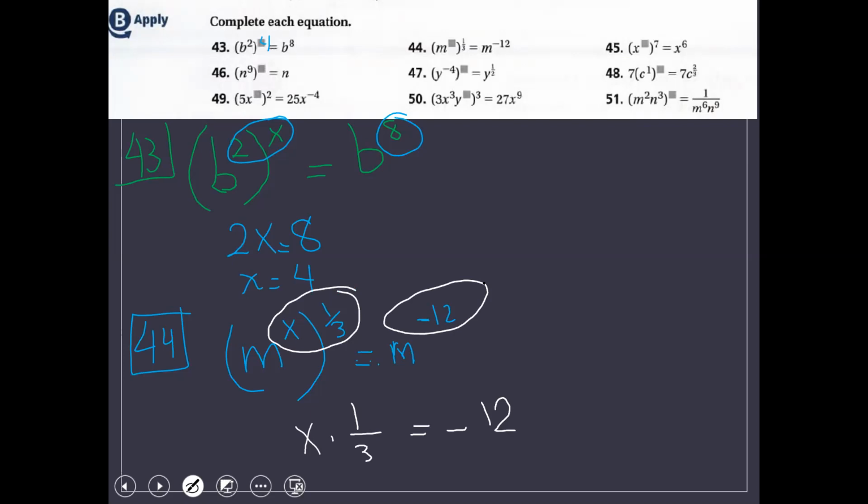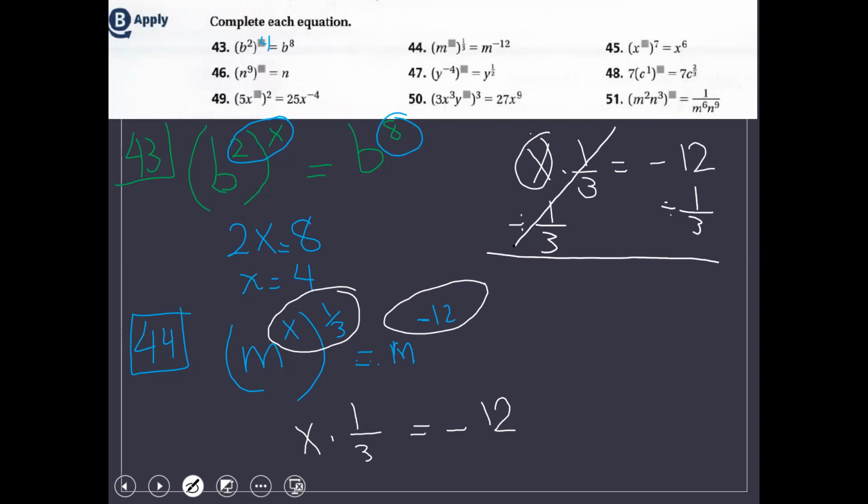Now, what do I have to do? x is multiplied by 1 over 3, so I want to divide by 1 over 3. x multiplied with 1 over 3 is negative 12, so I have to divide them by 1 over 3, because this x is multiplied by 1 over 3.